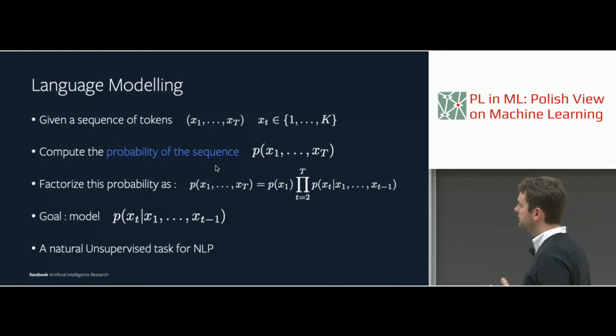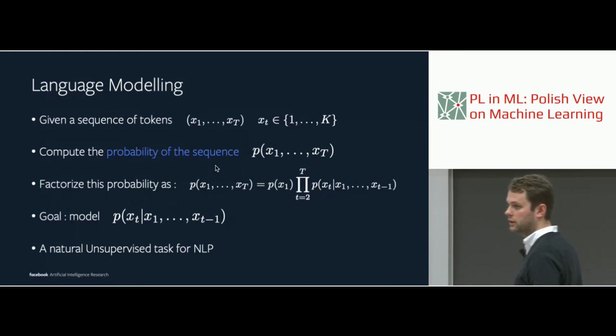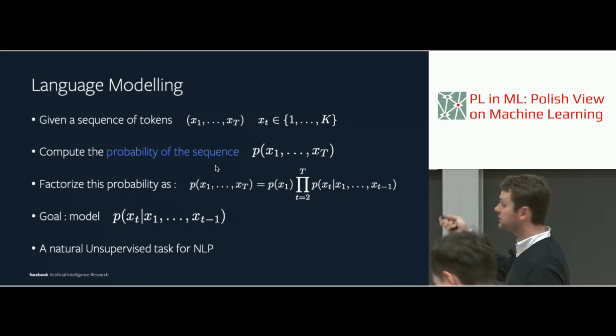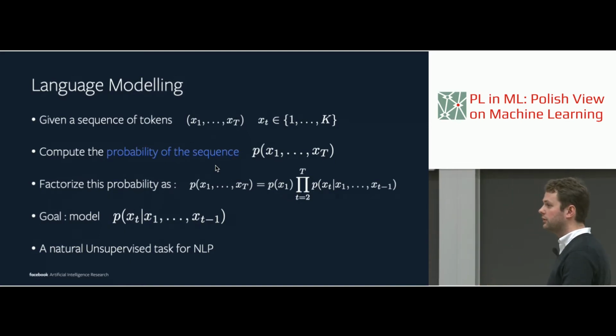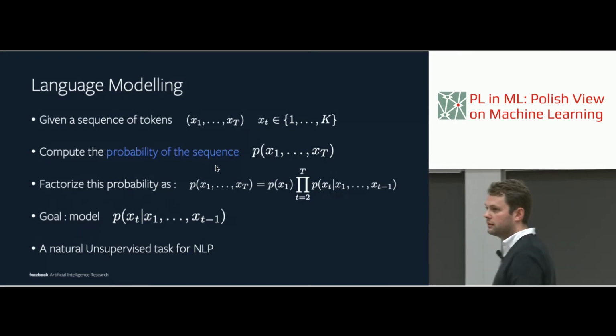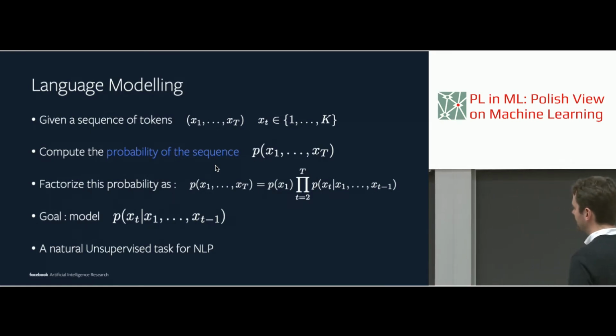This is a very natural unsupervised problem for NLP. And it's a great unsupervised task because you have real targets which are in a discrete set 1 to k, and you have something to predict given some context. So it's like unsupervised learning based on supervised learning techniques.